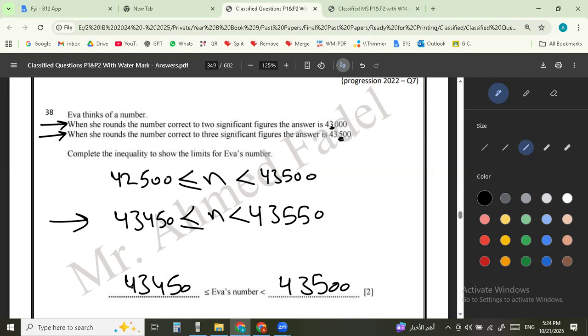Then I took this number, because it's included in both inequalities. Then I went to the upper bound and I asked myself, is this one included in the other inequality? We found no. Is this one included in the other inequality? I found yes. So it is 43,500. This is the combined inequality.